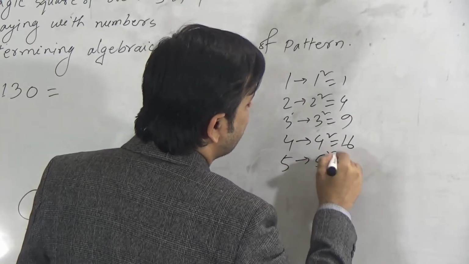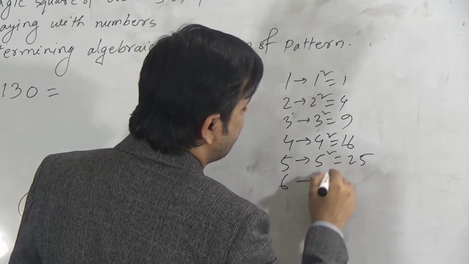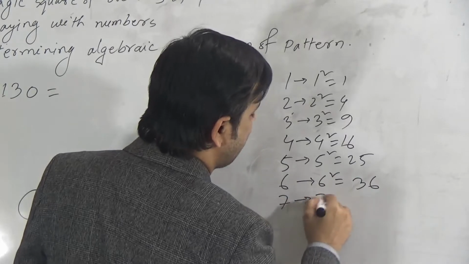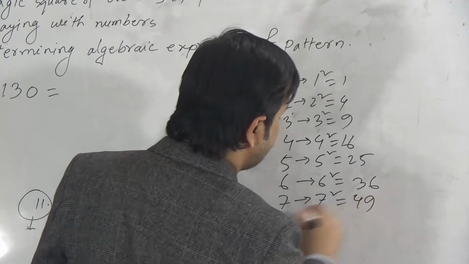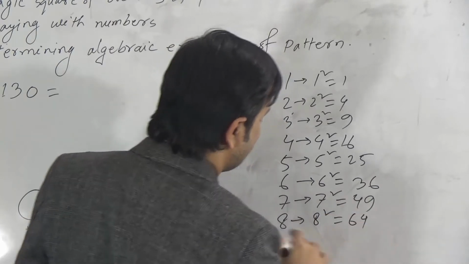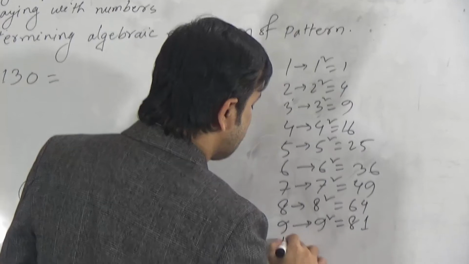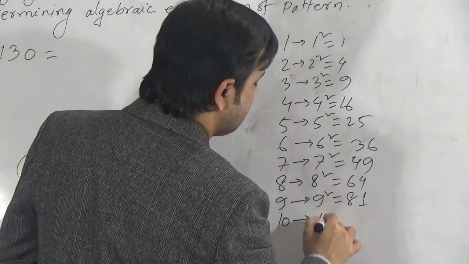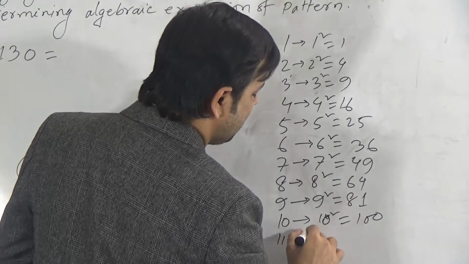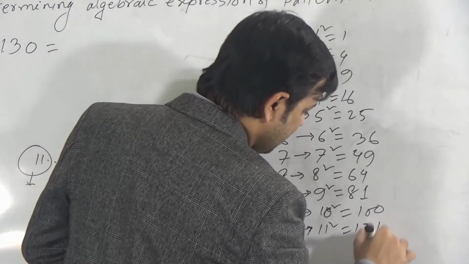5 is a number, 5 square is 25, 6 is a number, 6 square is 36, 7 is a number, 7 square is 49, 8 is a number, 8 square is 64, 9 is a number, 9 square is 81, 10 is a number, 10 square is 100, 11 is a number, 11 square is 121.